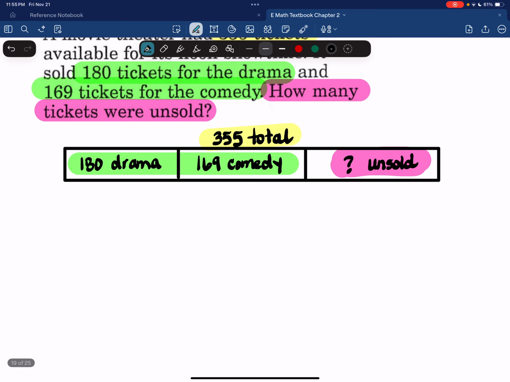So here's what we know. That the total minus the drama and the comedy will give us the tickets that did not sell.